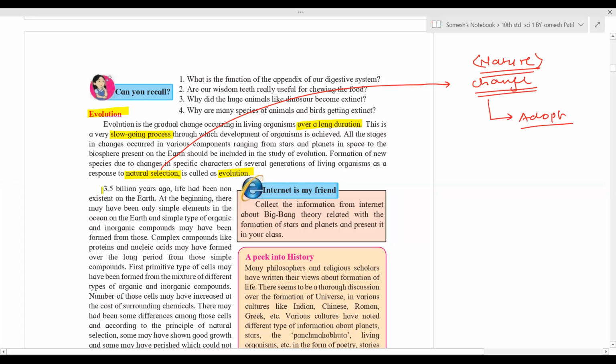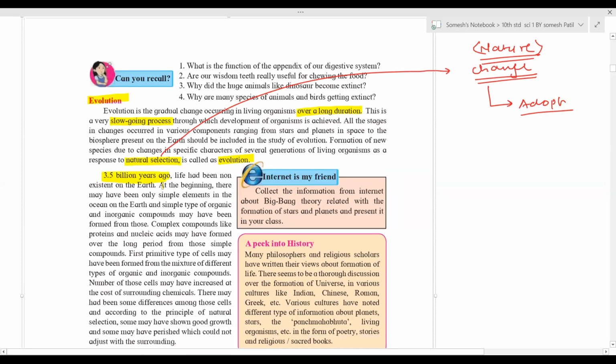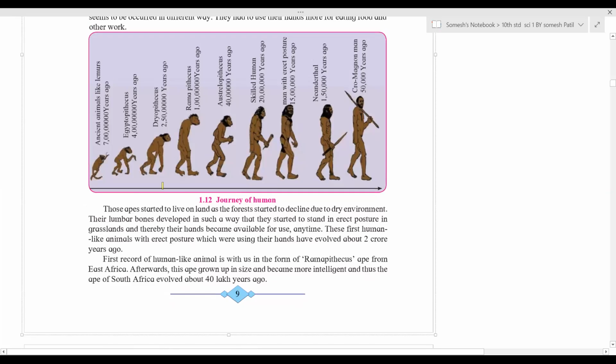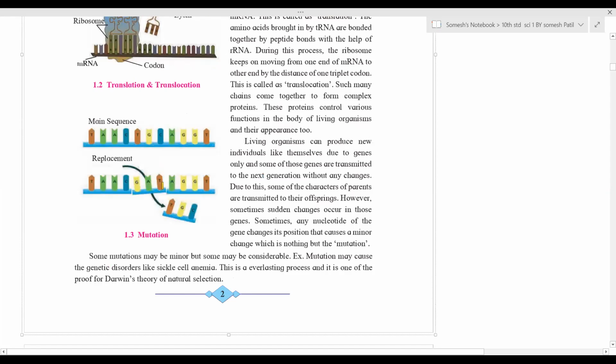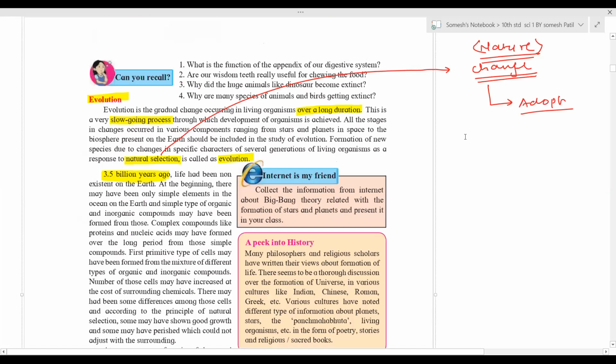So see, 3.5 billion years ago, children, 3.5 billion. So it is a very, very slow process. We can say like this, right? Because it is 3.5 billion years ago. Next, life started on the earth. In the beginning, what was there? Simple elements.